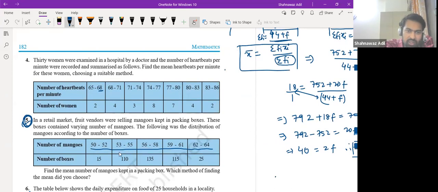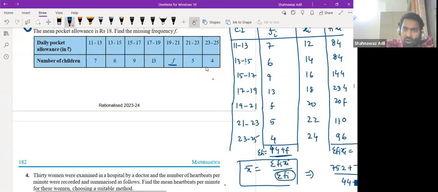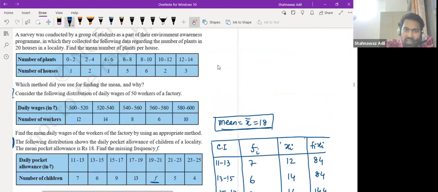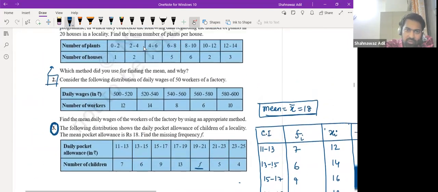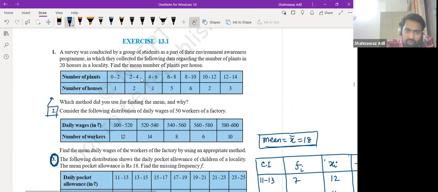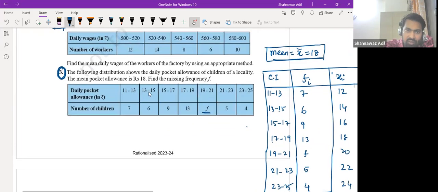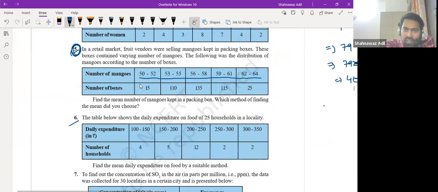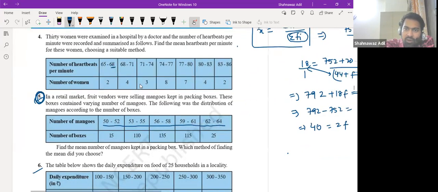So this is discontinuous grouped data. But all the theory and formulas we have derived are for continuous data. So 0 to 2, 2 to 4, 4 to 6 is continuous, and this third one is also continuous.